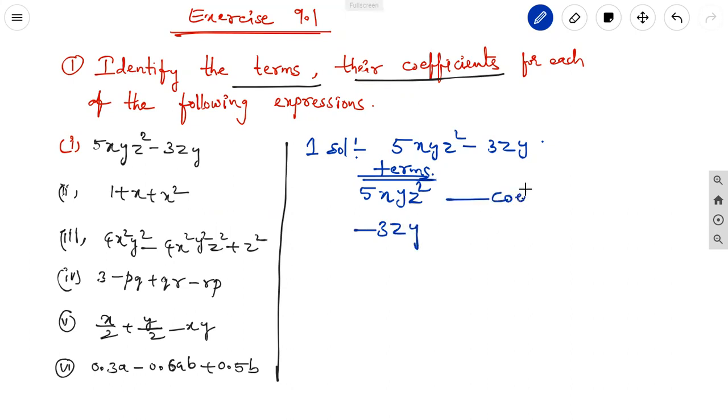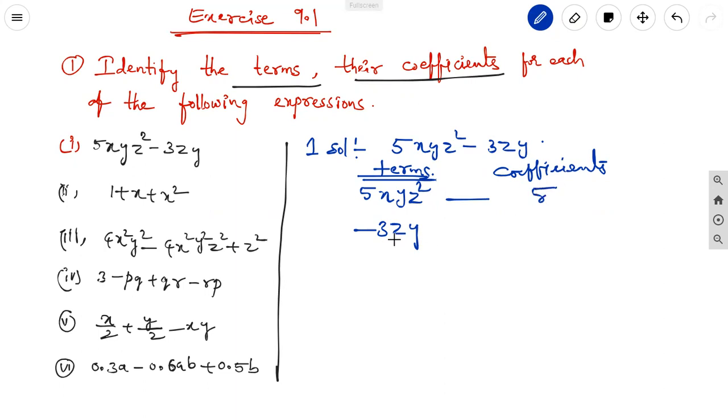Now the coefficients. In 5xyz square, xyz square are the variables. What is the coefficient of those variables? 5 is the coefficient.